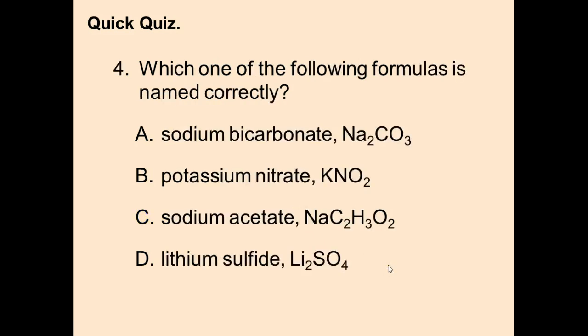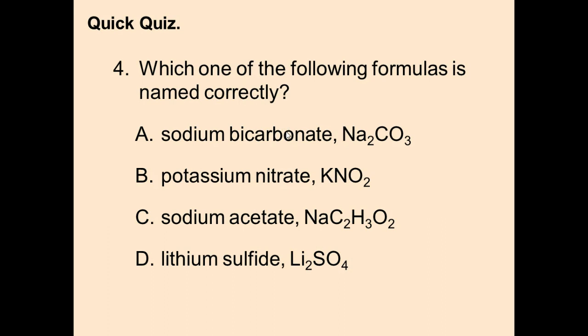And so here is the last question for today. Which one of the following formulas is named correctly? A, sodium bicarbonate. So let's just go through all of these. So A, sodium bicarbonate. Sodium is Na, and it has a charge of 1 plus.